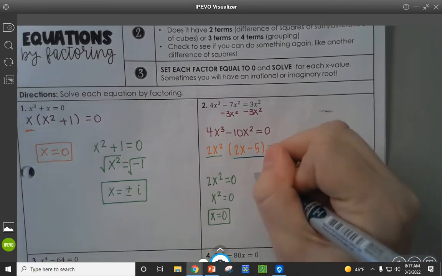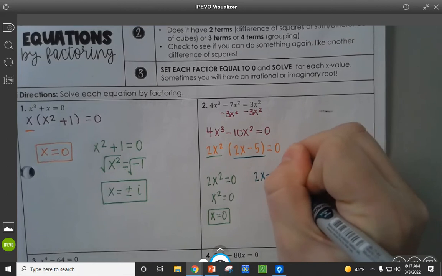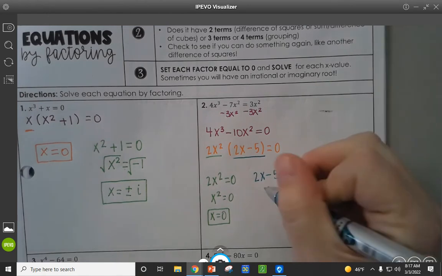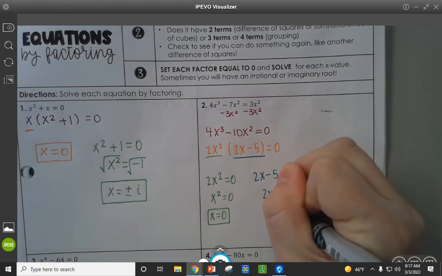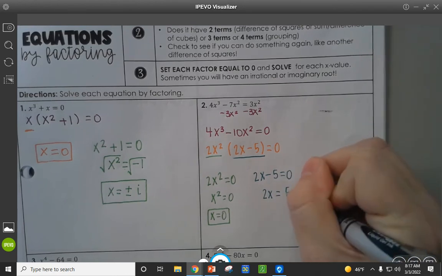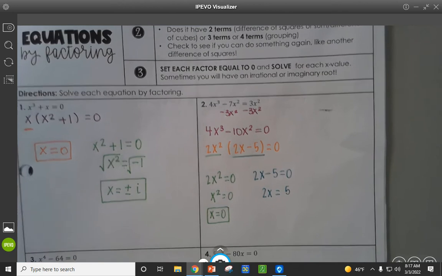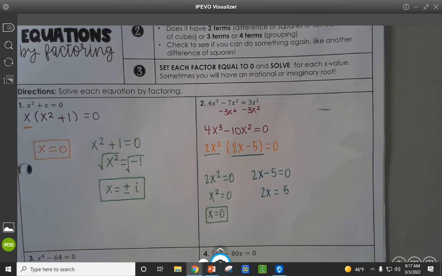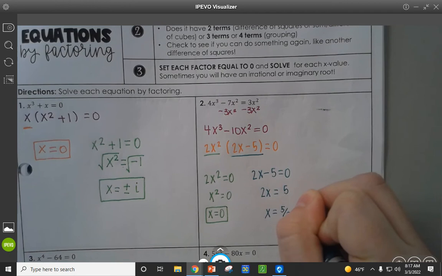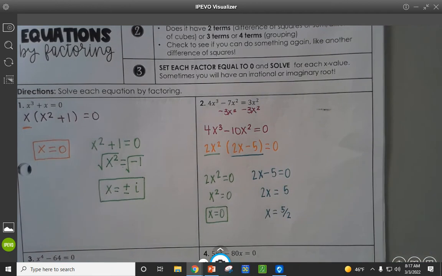And then this one, 2x minus 5 equals 0. If we add 5 to both sides, we get 2x equals 5. And dividing by 2 gives us x equals 5 halves. Just leave it as a fraction.